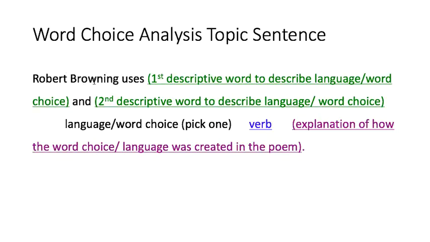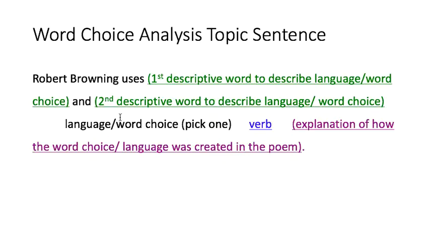So Robert Browning uses, you're going to want to describe the language or word choice in the poem. You're going to come up with 2 descriptive words. You can use your diction handout to do this. You have your first descriptive word and your second descriptive word. Then you're going to want to choose either language, word choice, or you could even use diction.